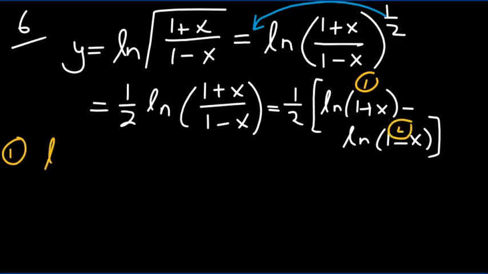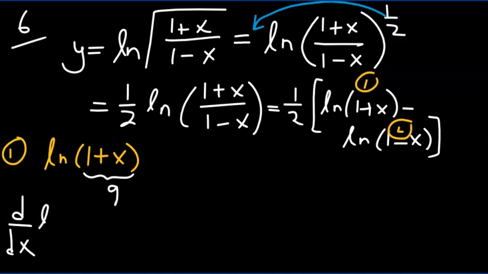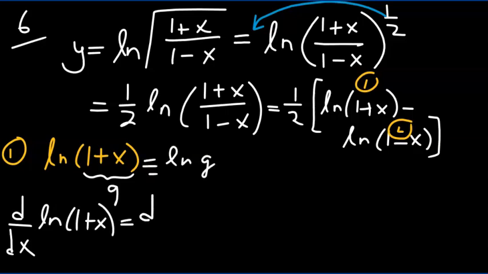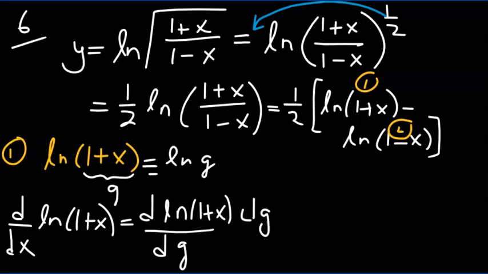Let's differentiate natural log of 1 plus x with respect to x. Now this you can do the same way. If you take 1 plus x as g, then d over dx natural log of 1 plus x is d natural log of 1 plus x over dg times dg over dx.